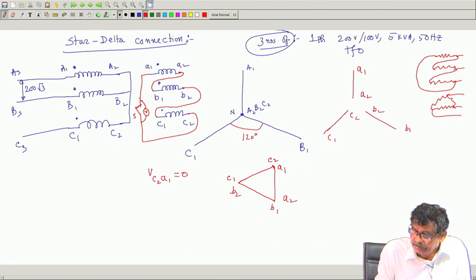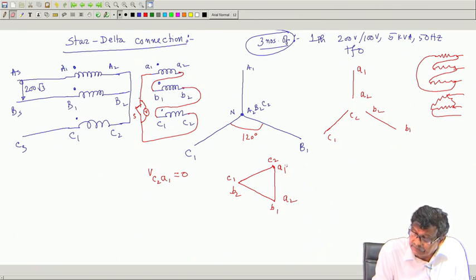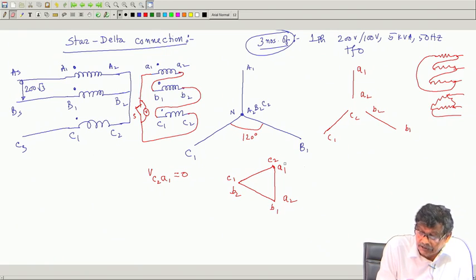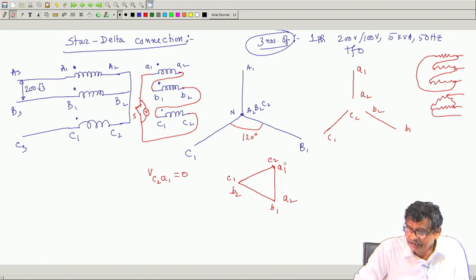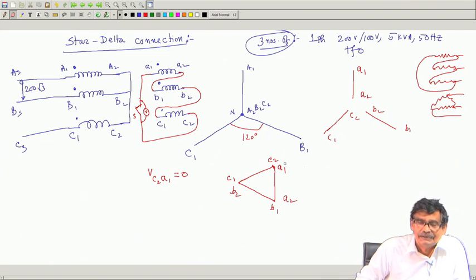Then you see C 2 and A 1 will coincide. Although I have not connected C 2 A 1 here, it simply tells you that there is no voltage existing there, not that I have forced it to be at the same potential.